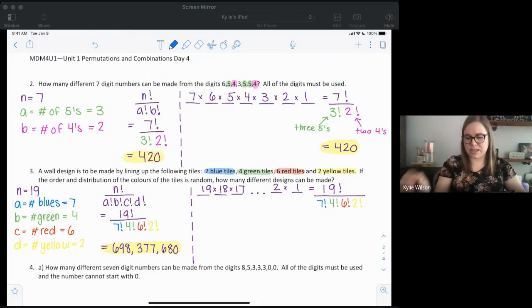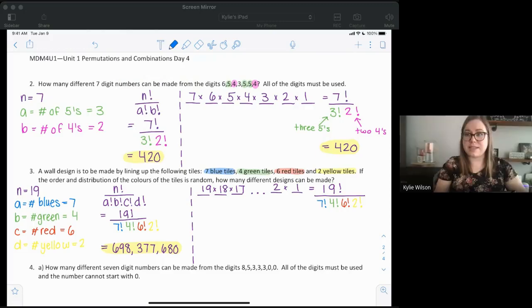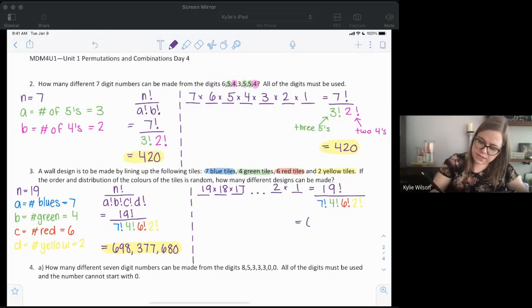Same with the green. I divide by 4 factorial to account for the 4 greens being all swapped. Same with the reds, we don't need to account for the 6 reds getting all jumbled. And similarly for the yellows. So then we put that in our calculator and we get the same thing: 698,377,680.